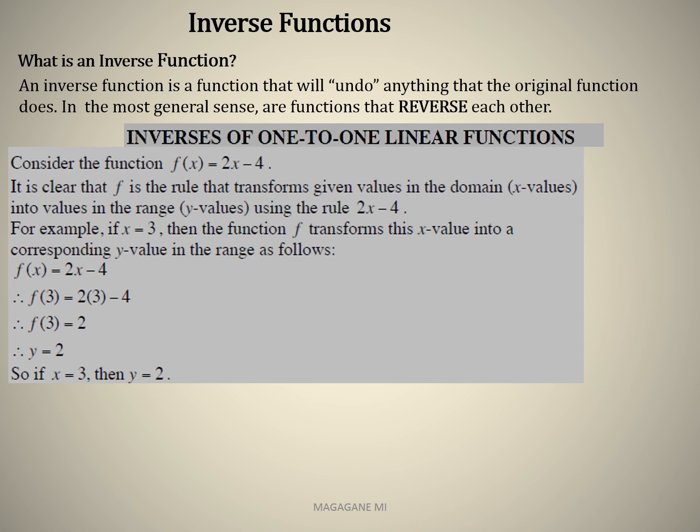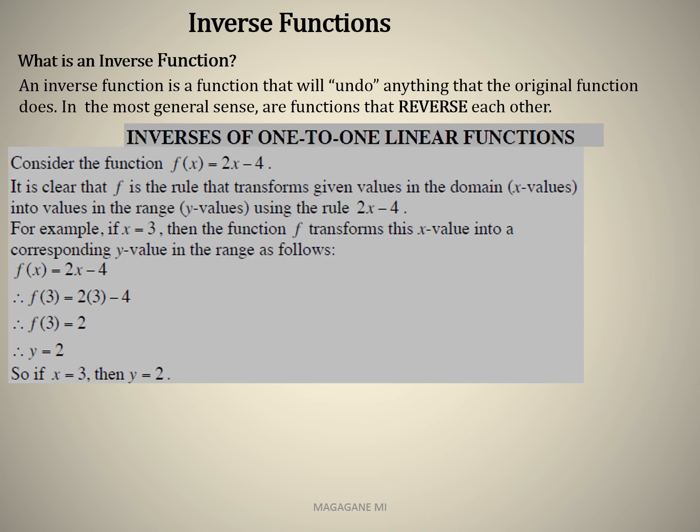For example, if x equals 3, then the function f transforms this x value into a corresponding y value in the range as follows. f of x equals 2x minus 4. We substitute x as 3. So we have f of 3 equals 2 times 3 minus 4, which means y equals 2. If x equals 3, then y equals 2.